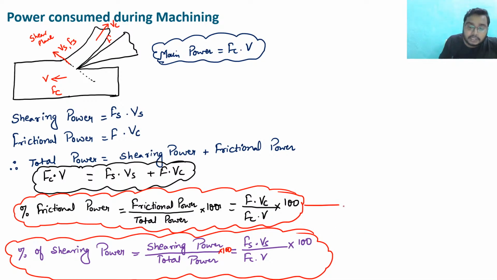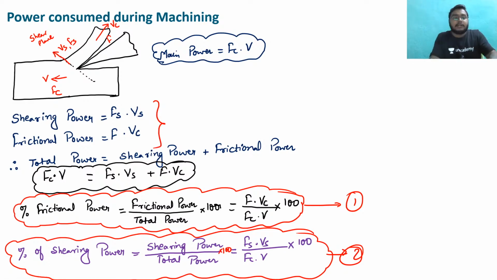So these are the two relations that please remember, equation 1 and equation 2, and these are the forces. So I hope the power consumed during the entire machining, and how you can find the percentage frictional power and the percentage shearing power, are clear to you.